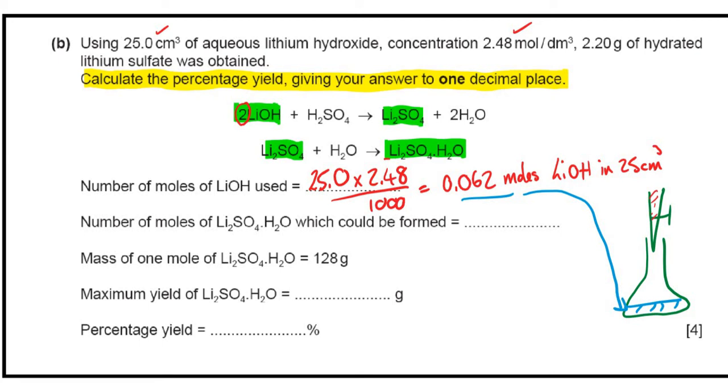So what have we got to do to this number here to get to this? So 2 moles make 1 mole, so 0.062 moles would make 0.031 moles of the hydrated lithium sulfate. Just divide it by 2 because it's a 2-to-1 ratio.